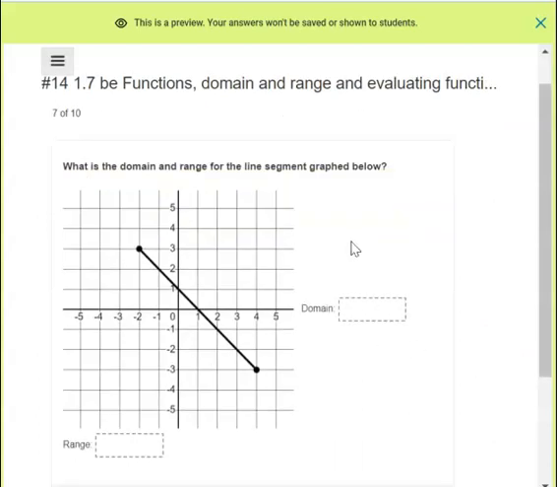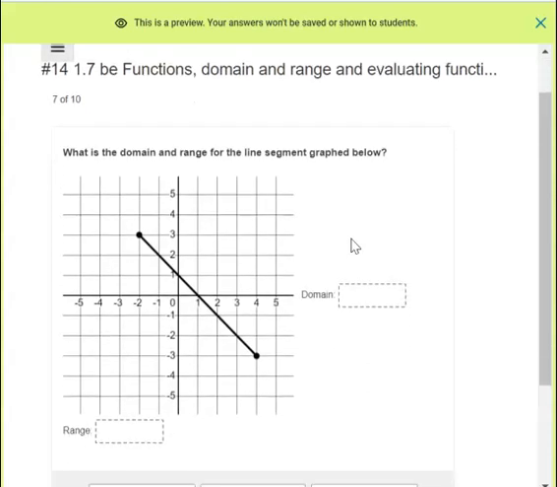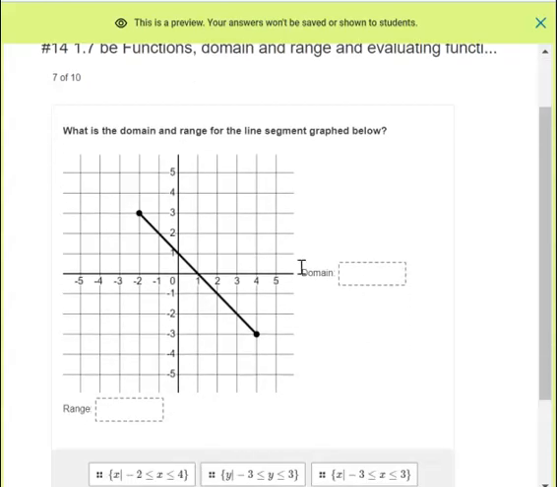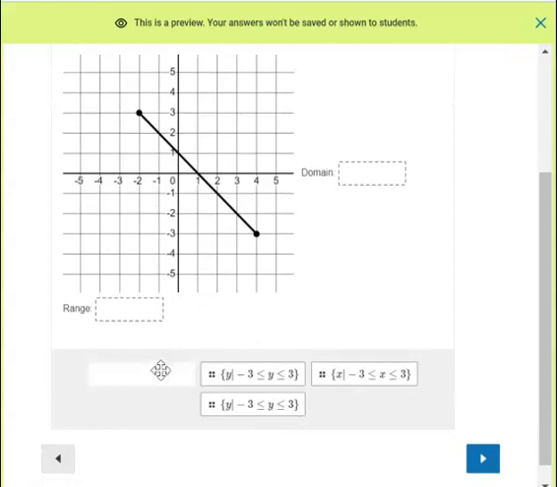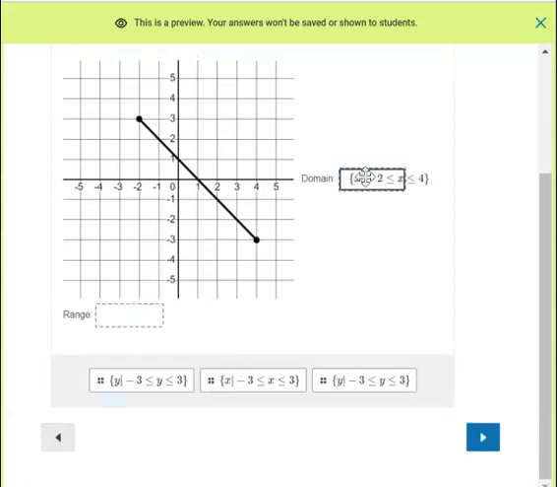Alright, it says here, what is the domain and range of the line segment graphed below? Okay, so let's do the domain first. So we're using the x-axis to measure this line. From the starting point, it's at negative 2 until 4. And then make sure that it says x.